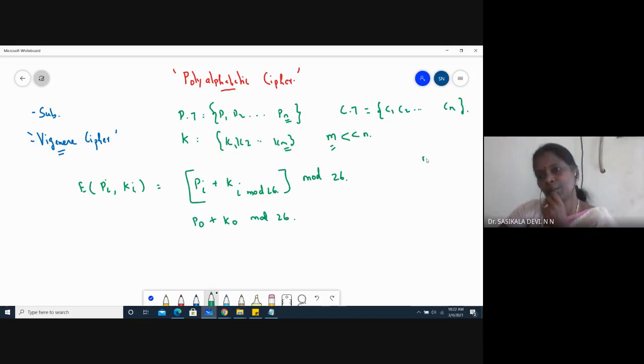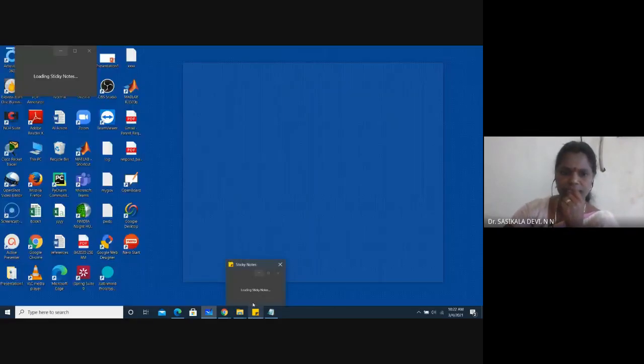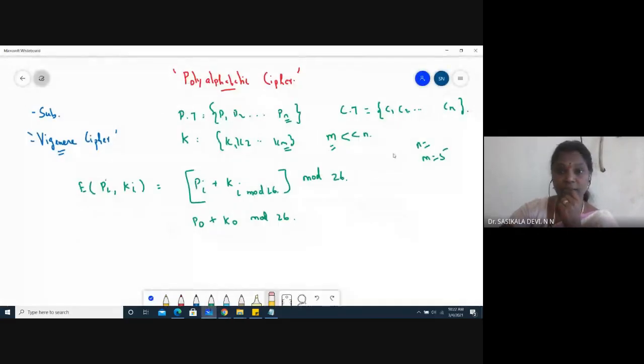Let m be equal to 5, n equal to 8. The plain text is of size 8 characters, and the key length is 5. So C0 is P0 plus K0 mod 26. How many plain text characters are available? P0, P1, P2, P3, P4, P5, P6, P7.